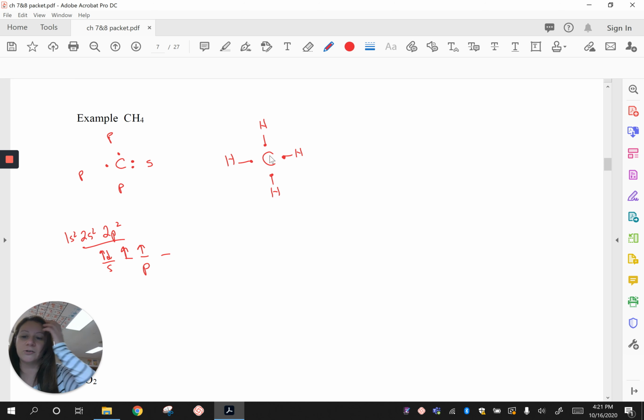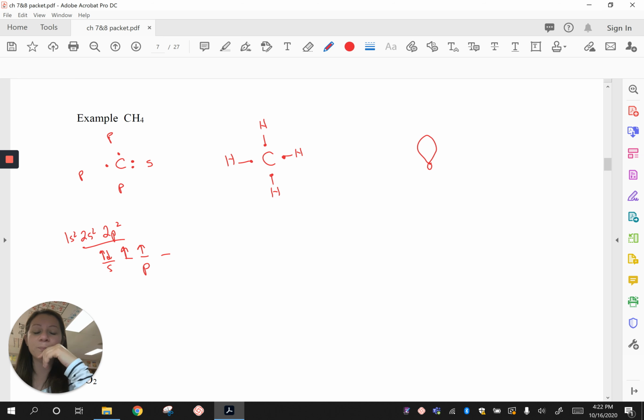would look like dumbbells. In reality, when they checked CH4, it seemed like all these orbitals looked kind of like this. They kind of looked like a balloon almost. It's like a mix between s and p. It's not really a sphere. It's not really a dumbbell. That's kind of a mix. So they said, oh, looks like these orbitals mixed together.